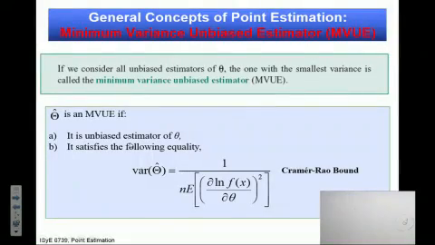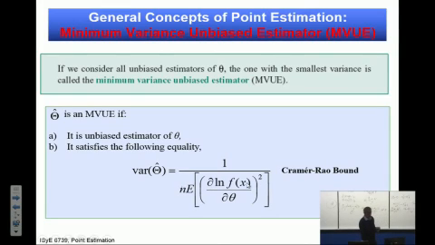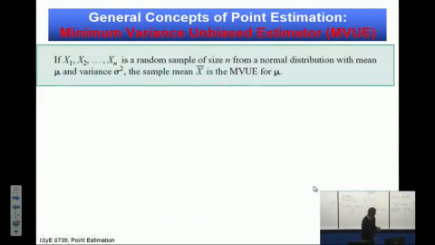Using this bound, which is called the Cramer-Rao bound, we can show that an estimator is an unbiased estimator with minimum variance, or for short, MVUE, minimum variance unbiased estimator. Okay, so let's see if x bar is the MVUE for mu.